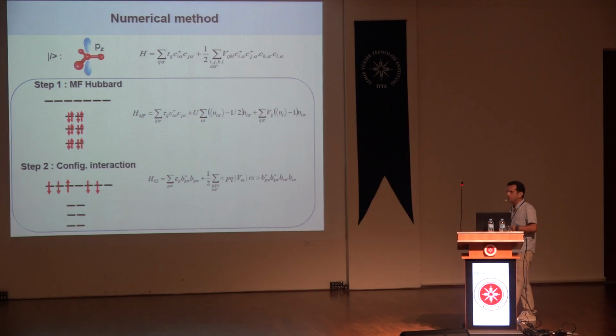Once we do that, we have these new quasi-particle edge states, and now we can add electrons one by one. Each time we add an electron, we solve the configuration interaction many-body Hamiltonian and find the ground state. And from this ground state, we can investigate whether it is Wigner crystal or not.